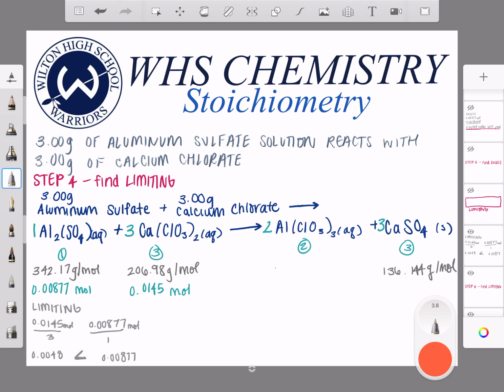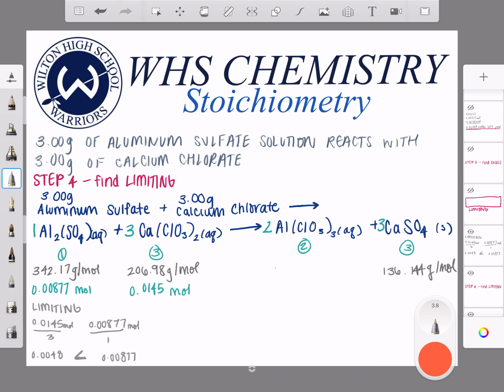I have 0.0145 moles of calcium chlorate per the 3, which is the mole ratio. And then we have the same thing, 0.00877 moles of aluminum sulfate over 1. So those are my ratios.